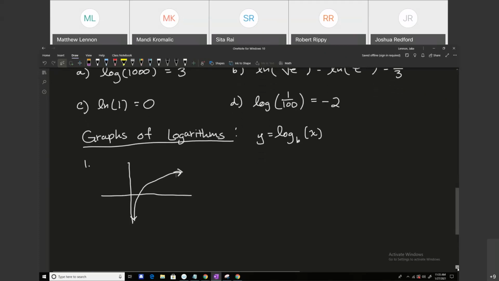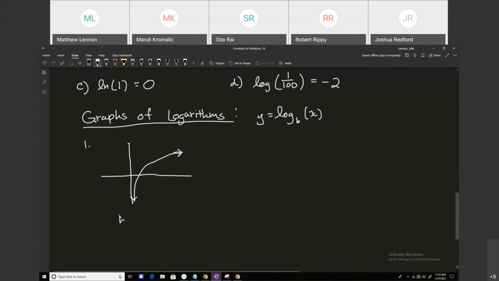Your base is greater than 1. So for example, you might have y equals the log base 2 of x. The other ones we talked about, the common log and the natural log, would both fall in this category. They would have a base of about 2.718 for the natural log and 10 for the common log.